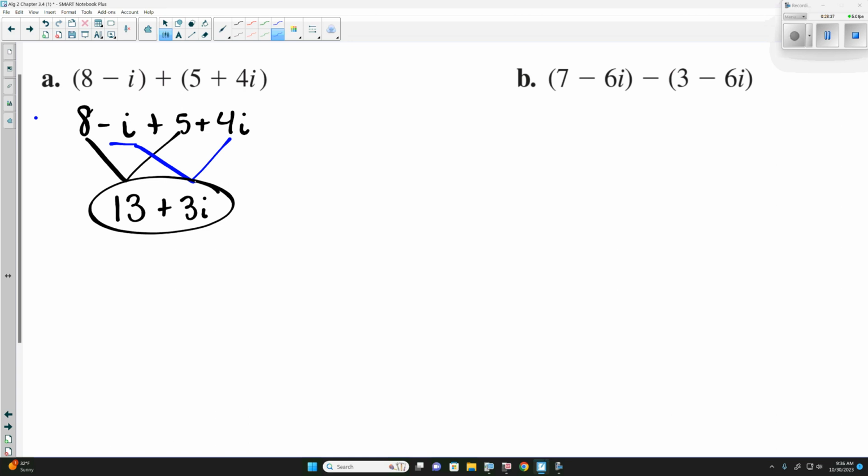Let's look at the next one. Now we do need to be careful because we will have to distribute this negative, which would give us negative 3 plus 6i. Our real parts, 7 minus 3 is 4.